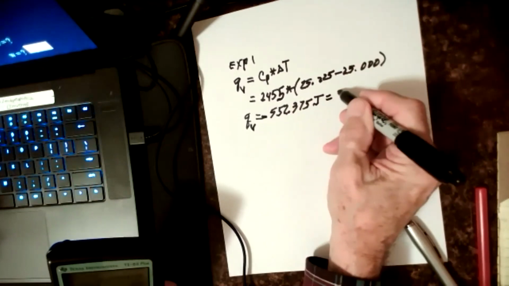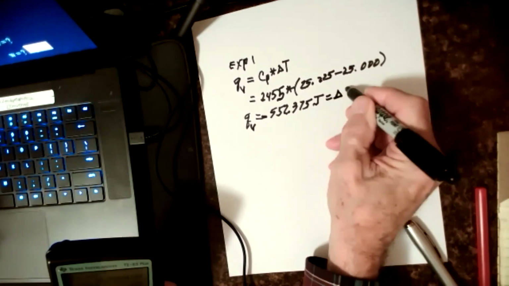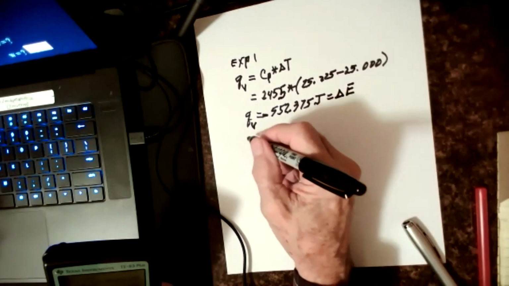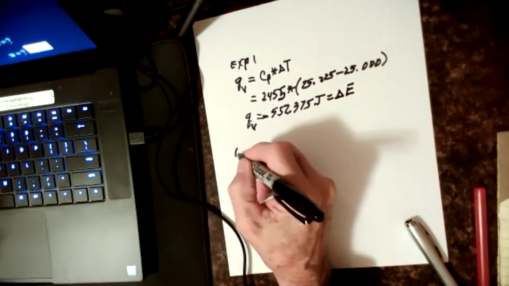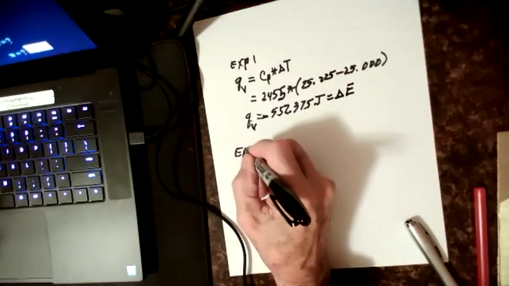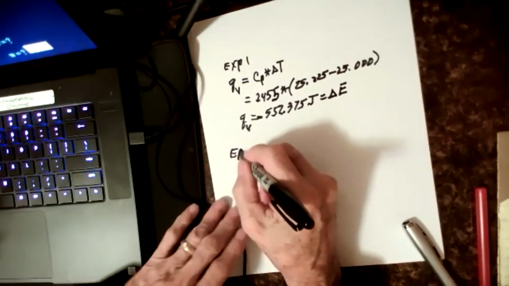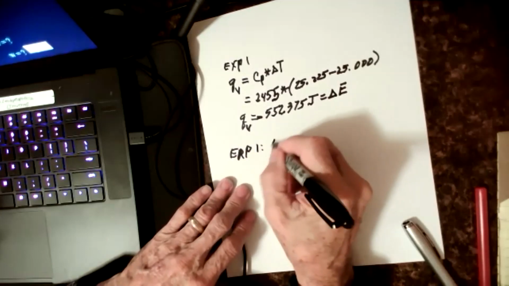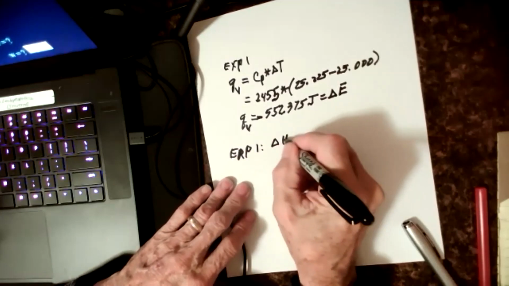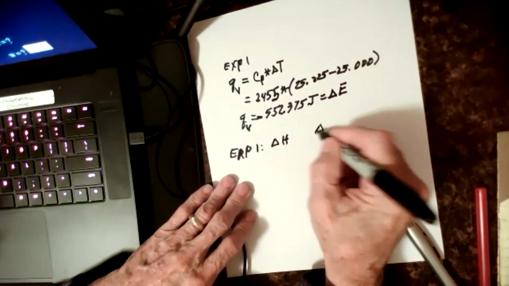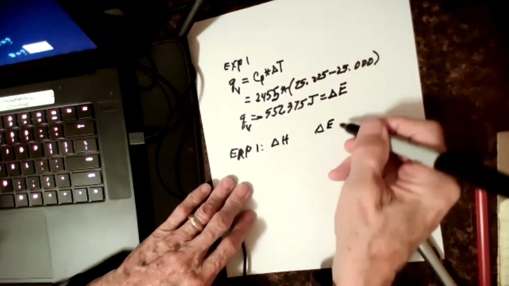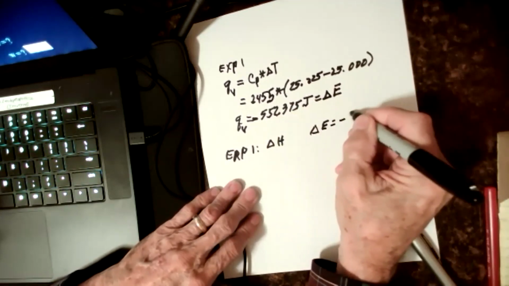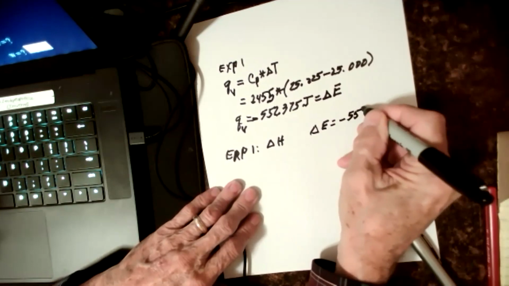So the heat flow at constant volume is minus that. Now that's also equal to delta E. Sorry, heat flow at constant volume is delta E. So down here when I'm doing my answers, experiment 1, the delta H, I don't know yet. The delta E, I do know. Delta E is equal to the heat flow at constant volume, so that's going to be minus 552.